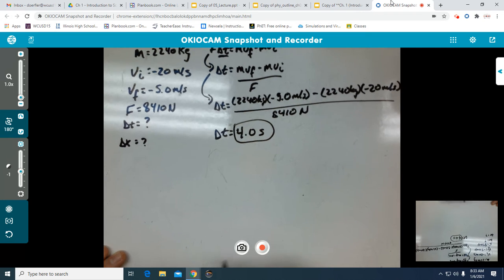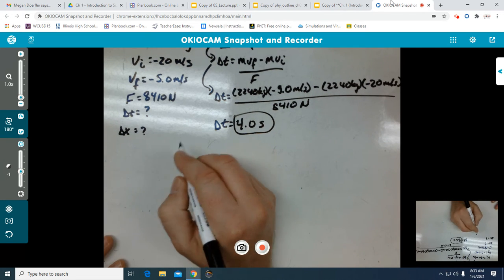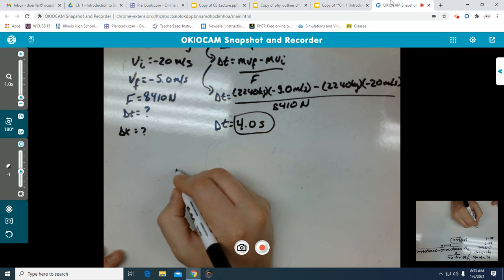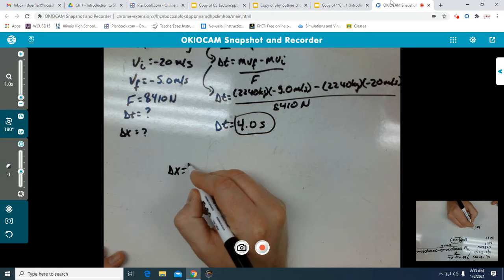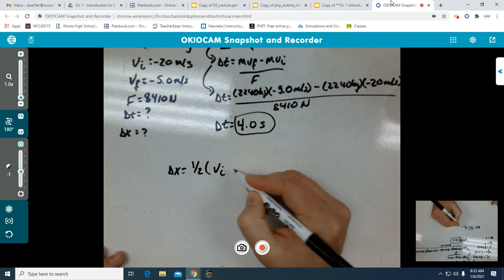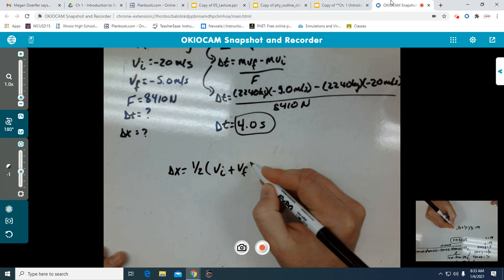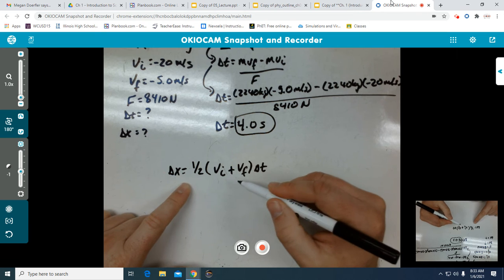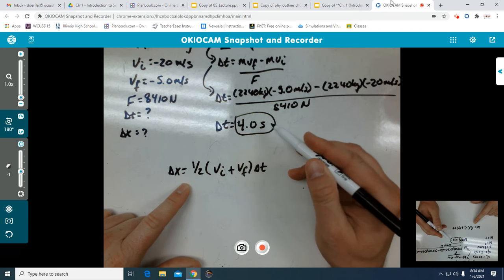The formula to solve for how far this car traveled during this slowdown period is delta x is equal to 1/2 times (vi plus vf) times delta t. That's why it's important: we can't use this formula until we determine how long it took.